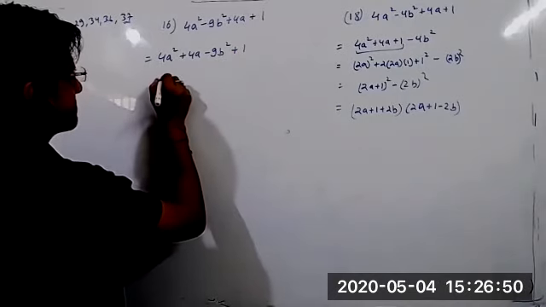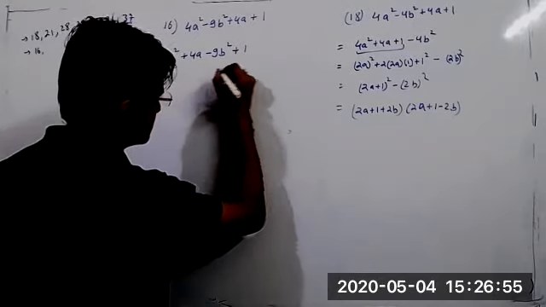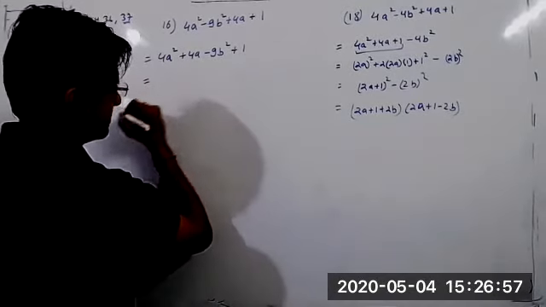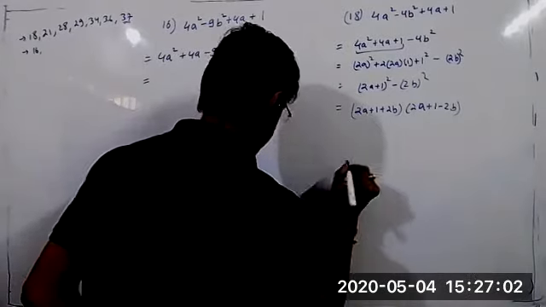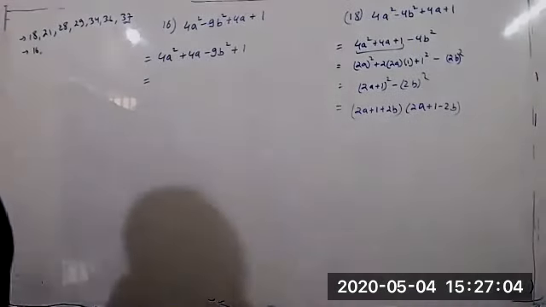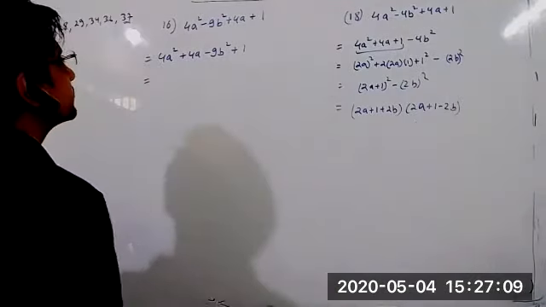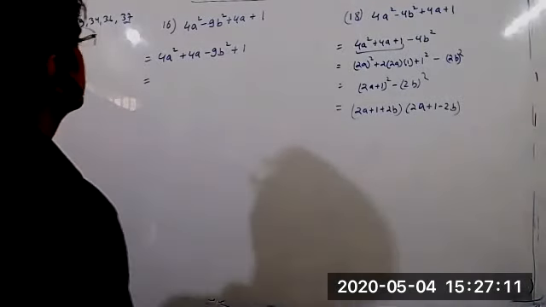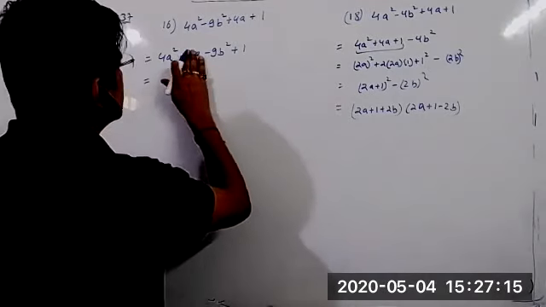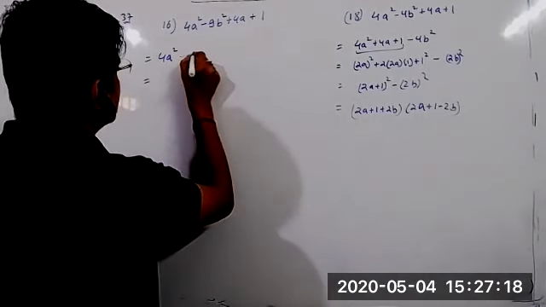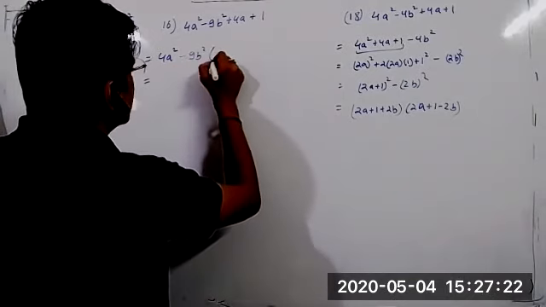4a square can be written as... Mehak, yes sir, tell me. So we can do the grouping. 4a square minus 9b square, in bracket.